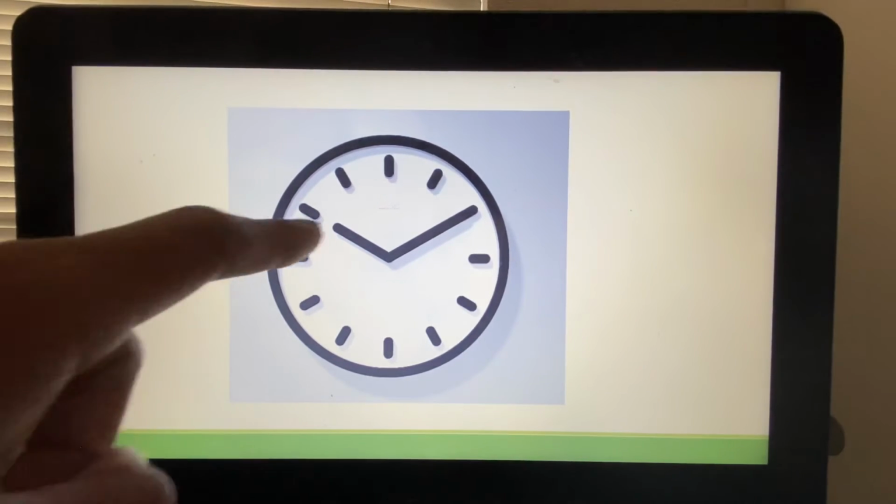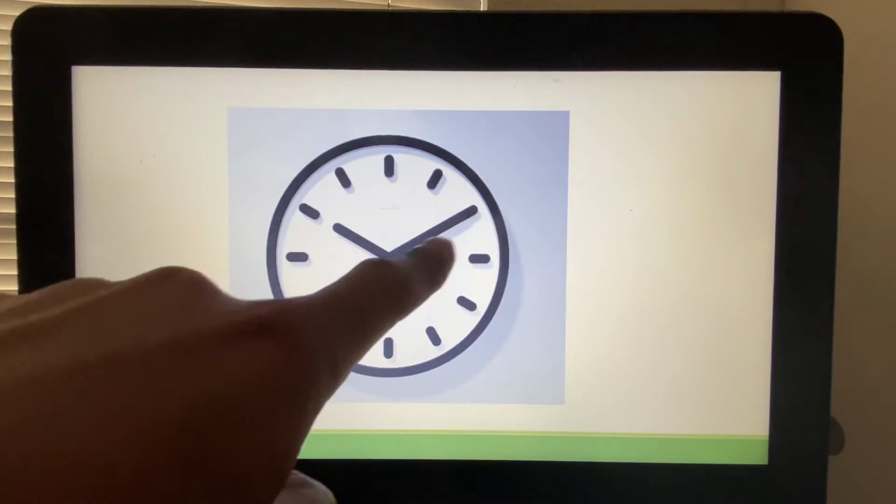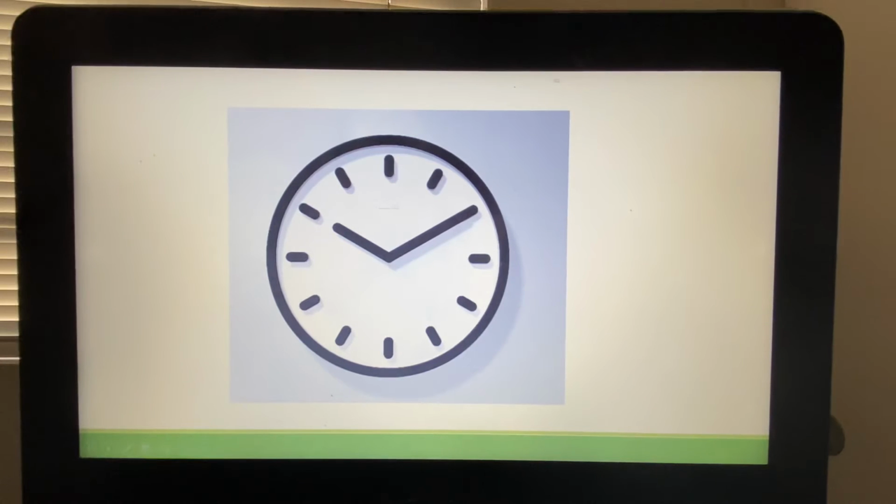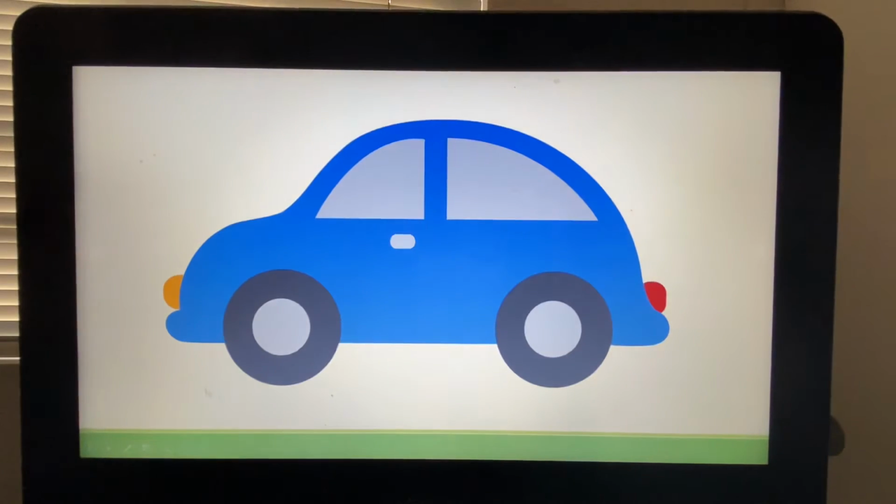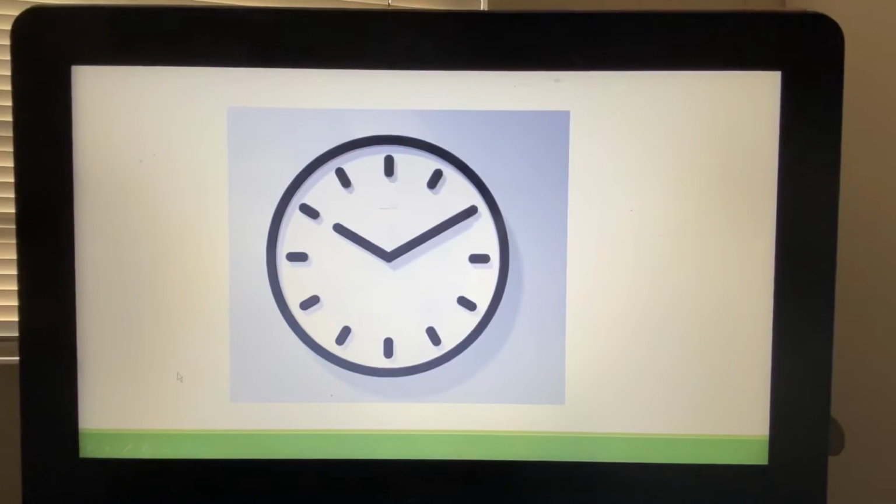For example, there's an angle here, an angle right where the hands are. As you can see, these 2 lines intersect at one point, creating an angle.